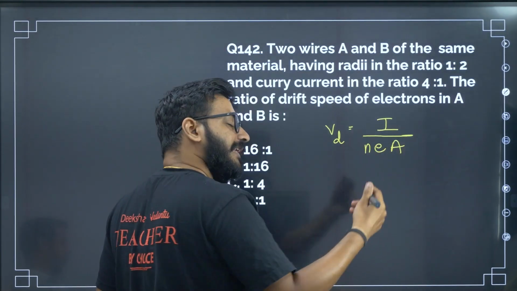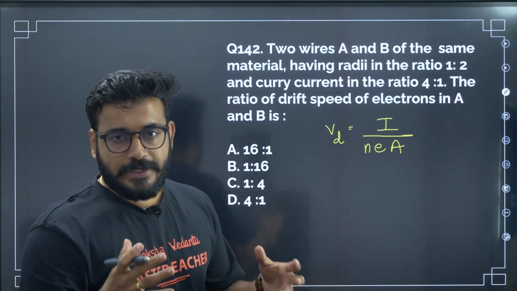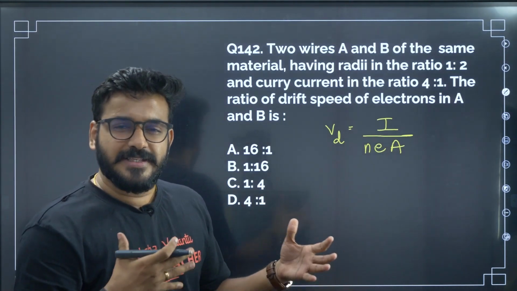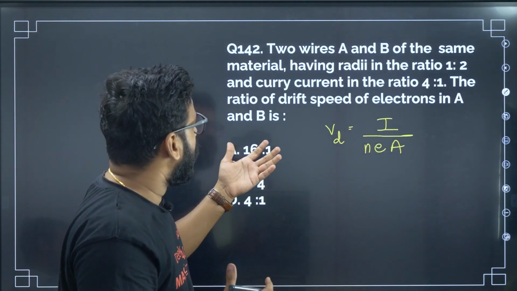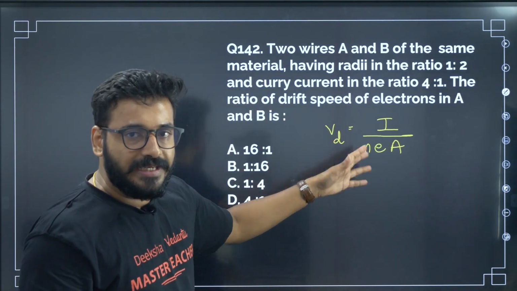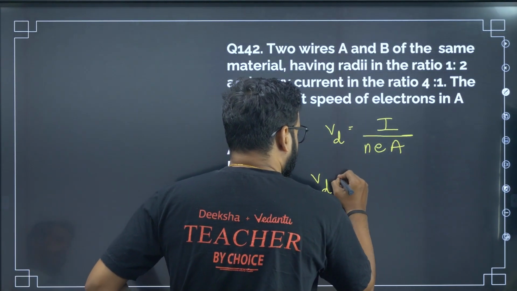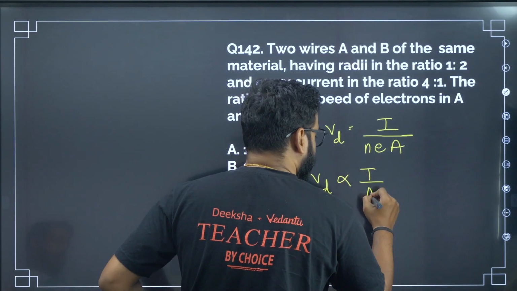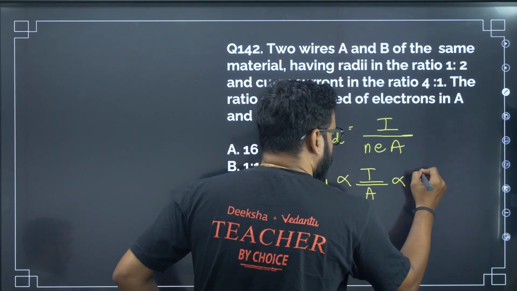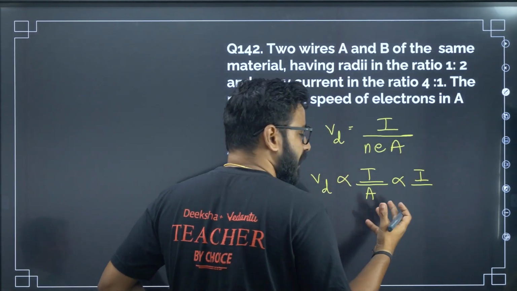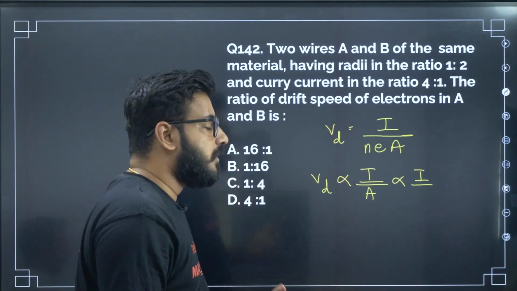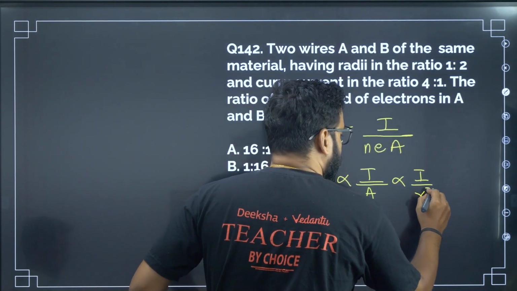That means N and E are common, the electron density and E are also the same because we have two wires of the same material, right? So drift velocity is directly proportional to current, inversely proportional to area. We can also bring it in terms of area. For a circular cross section, it is radius square. So this is the relation.